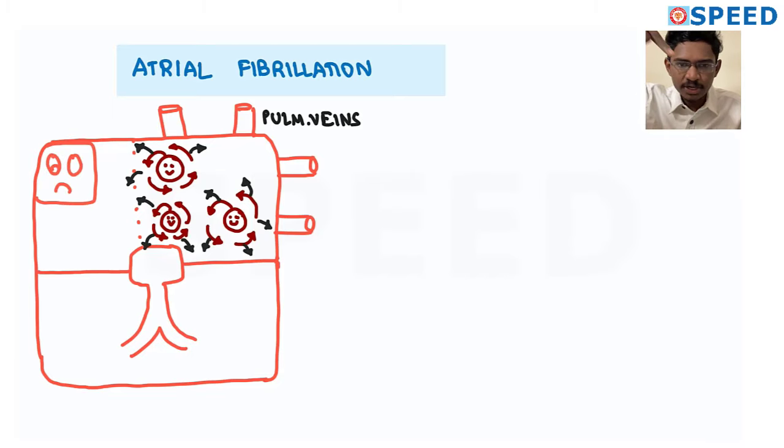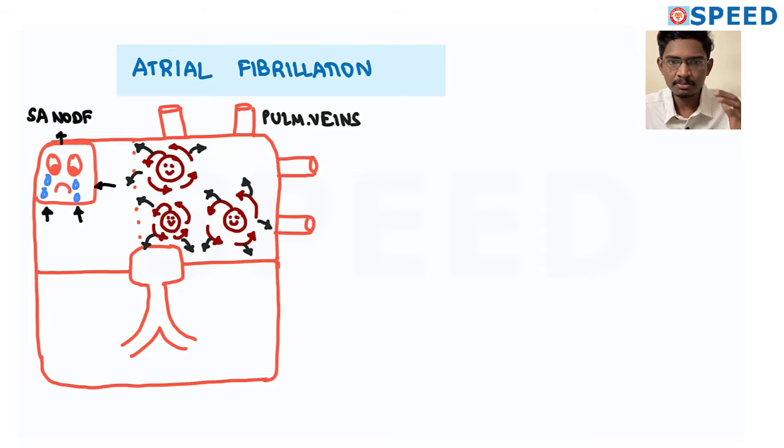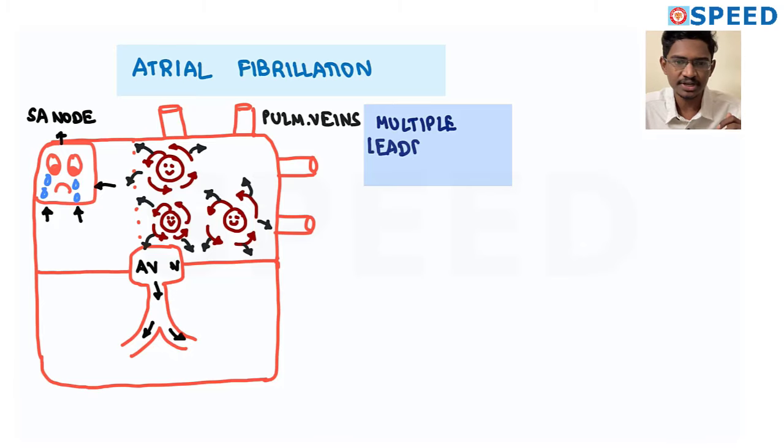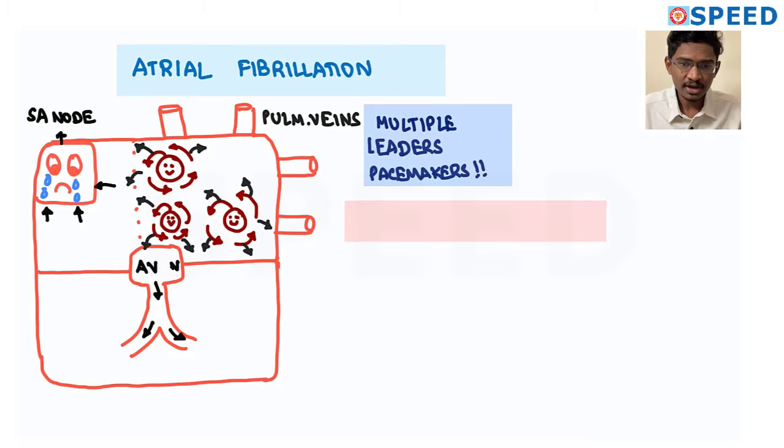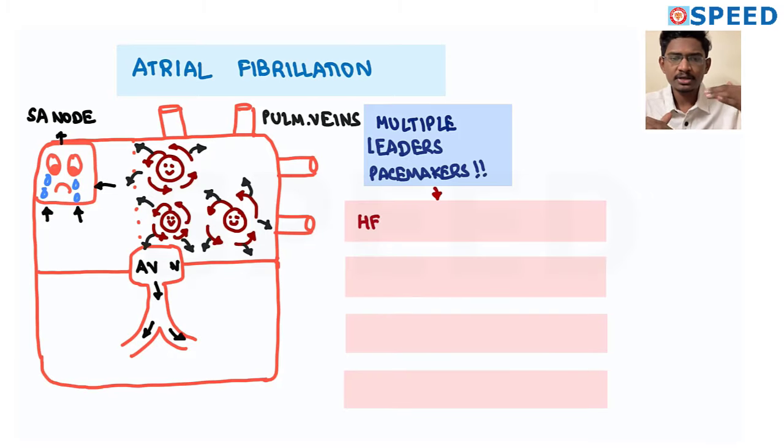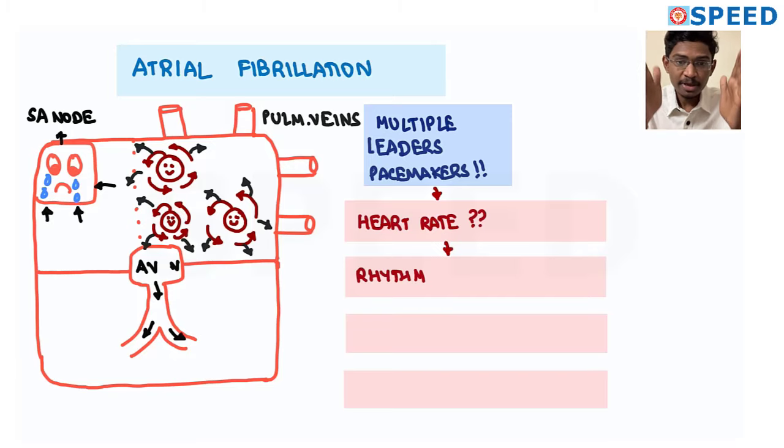When the pulmonary veins drain into the left atrium, lots of pacemakers originate. Pacemaker means SA node only, but here multiple leaders originate within the atrium. They fire whenever they want.